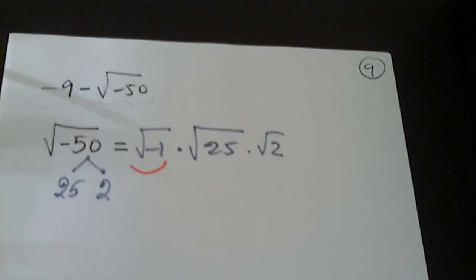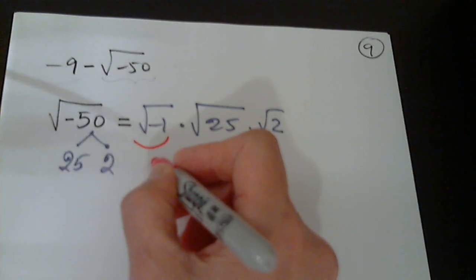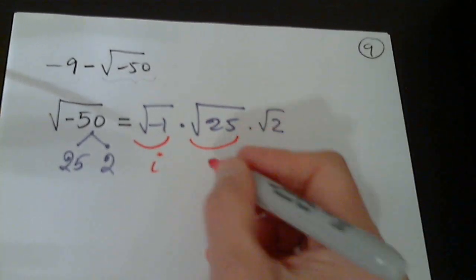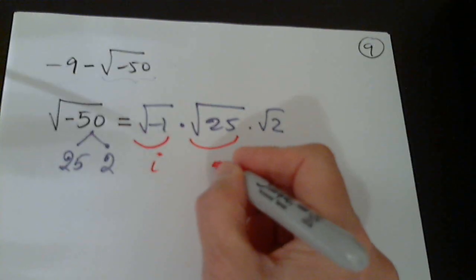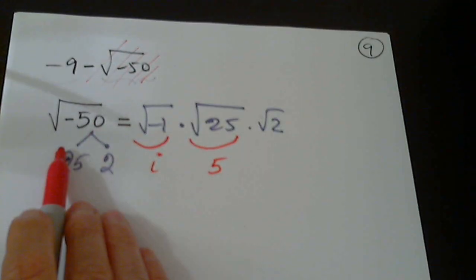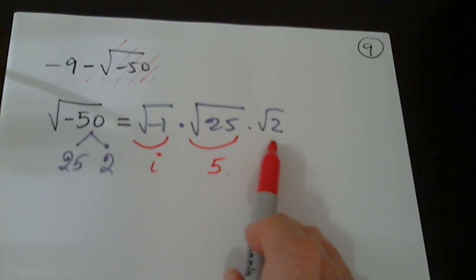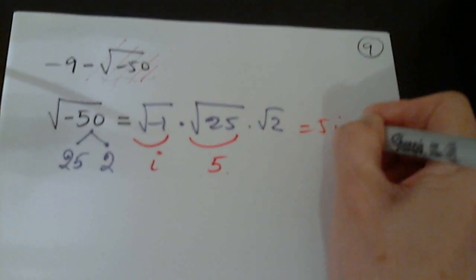What is this? 5. What is this? 5. Excellent. So this piece is 5i the square root of 2.